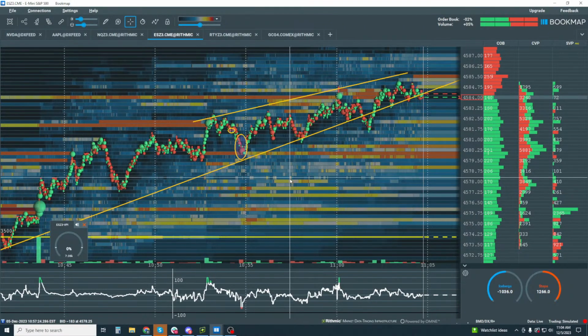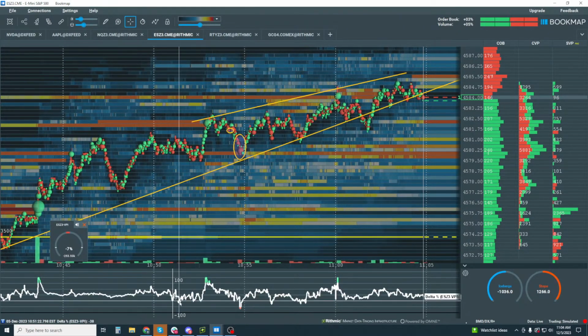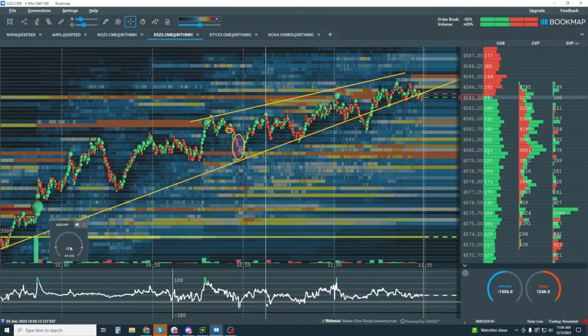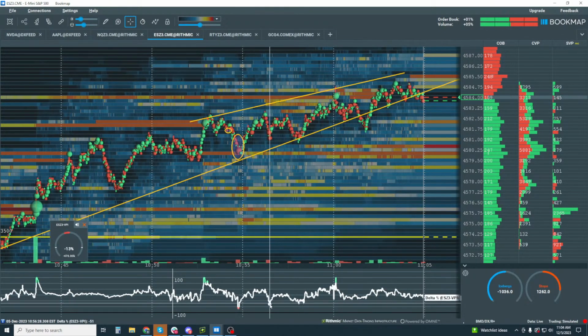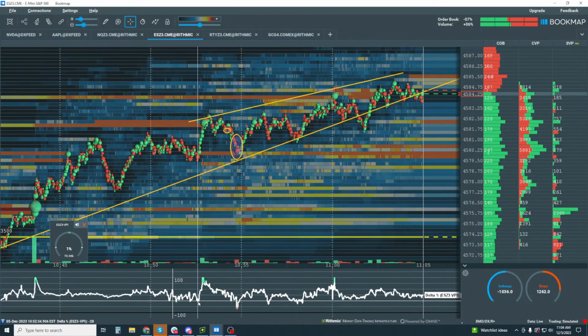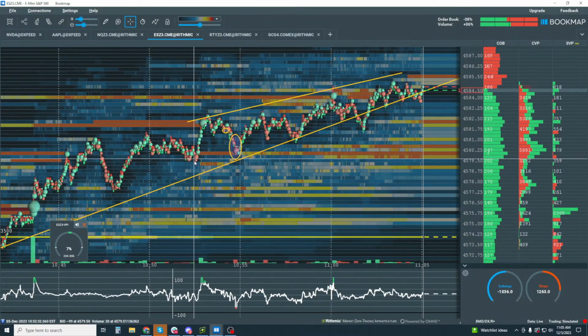Now, how does that help us with pullbacks? Well, we have a zero line in here to gauge these pullbacks, and you can look at historically how it came into these areas, and those offered pretty nice areas to get back in.